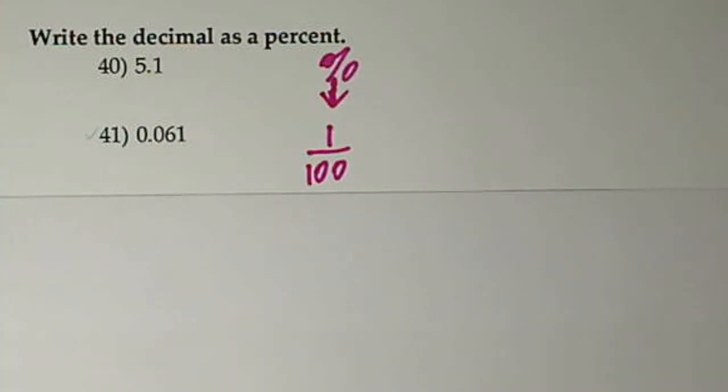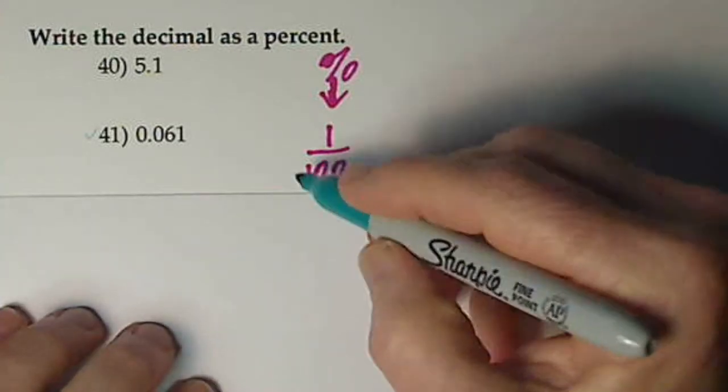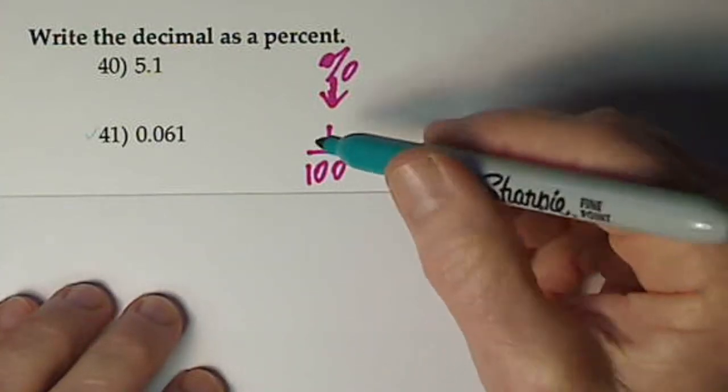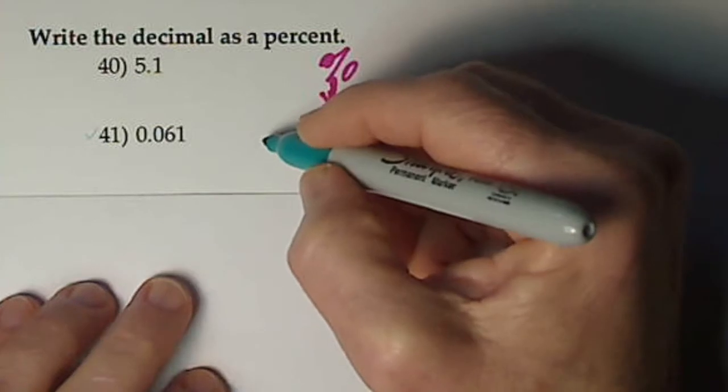Okay. And I'm not allowed to just walk up and multiply by 1/100th. I can walk up and multiply by 1, which would be, and this is going to be a funny looking one, 100 over 100.